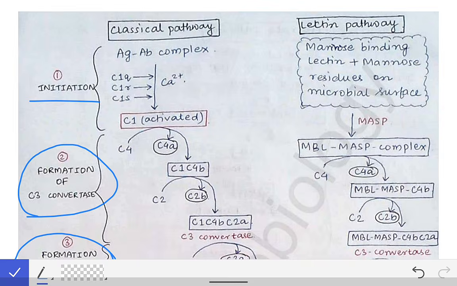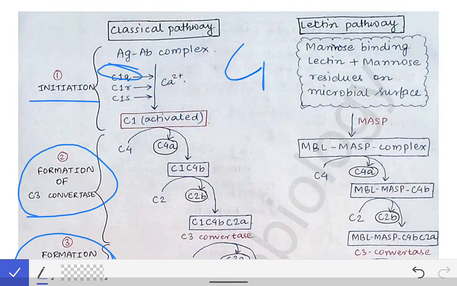Whenever there is an antigen antibody complex, the C1 complement protein, which consists of three components named C1q, C1r and C1s, is involved, out of which the C1q binds to the Fc portion of that antigen antibody complex. So first of all, the C1q portion goes and binds to the antigen antibody complex.